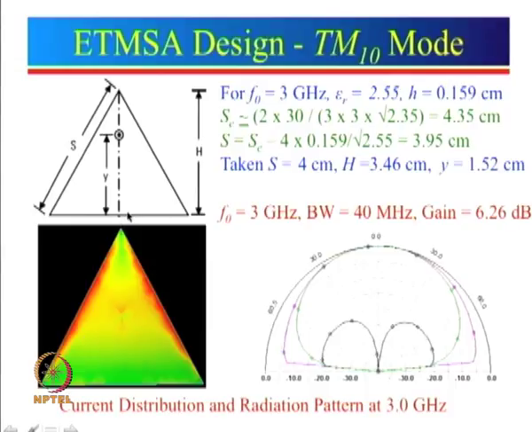Here, if we say this is E theta, earlier for the rectangular patch it was E theta in the phi equal to 0 plane, but now it will be E theta in the phi equal to 90 degree plane. One can see here, but I also want to bring one additional point, that this function is also going to 0. This is actually happening because there is a small problem in the I3D simulation.